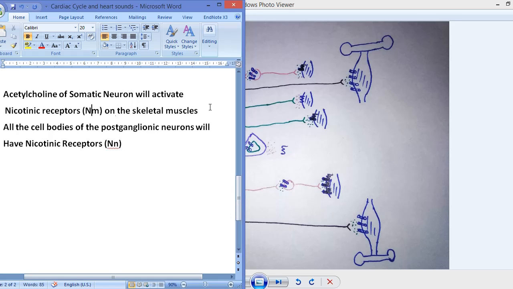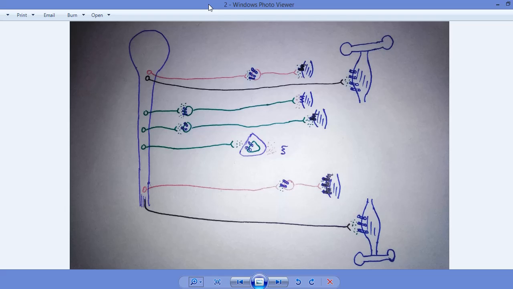The nicotinic receptor present in the neuromuscular junction was NM, while the nicotinic receptor present in the ganglion is NN. All these nicotinic receptors are activated by the acetylcholine.